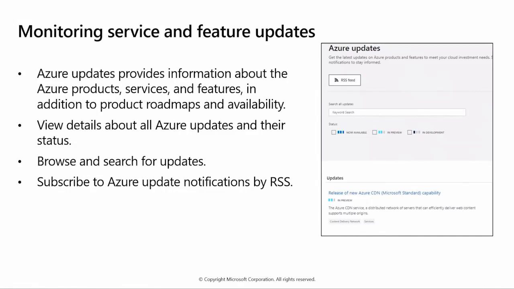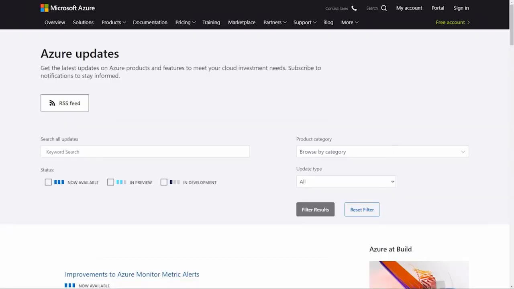If you're curious where you are on the status of the preview features, this is where you can actually check. There is an Azure updates page, and let me pull that up for you. The Azure updates page allows you to either subscribe to the RSS feed, and this is where you can search keywords of any products that you're using. So if you see a preview feature that you love and you're like, where is it? You can search for it here, and you can see whether it's now available, if it's in preview, or if they're currently working on it.